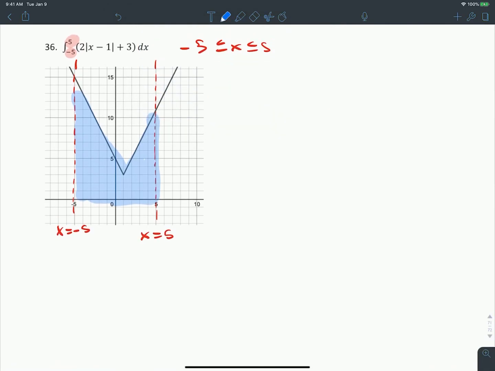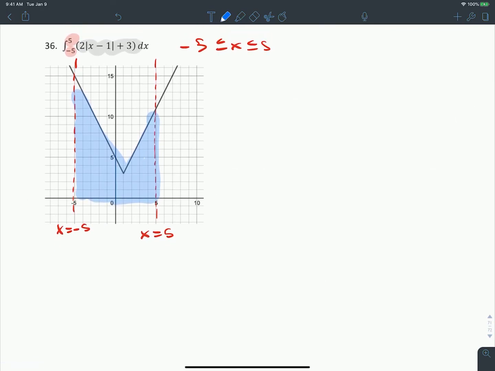So if you take a closer look here, I have a piecewise function. So I'm going to have to remember what this really is.